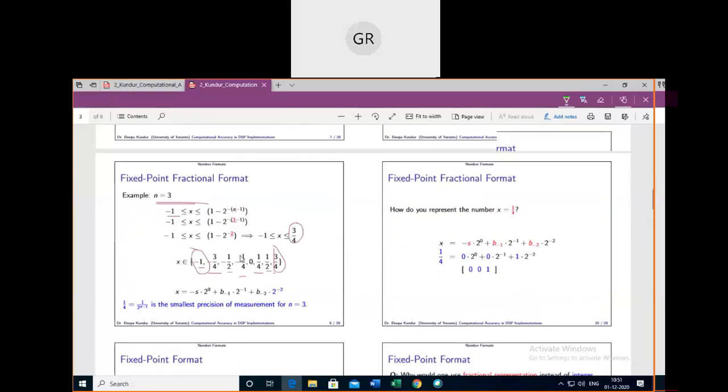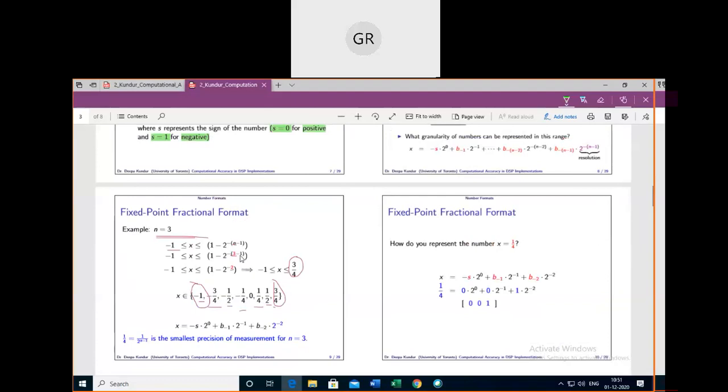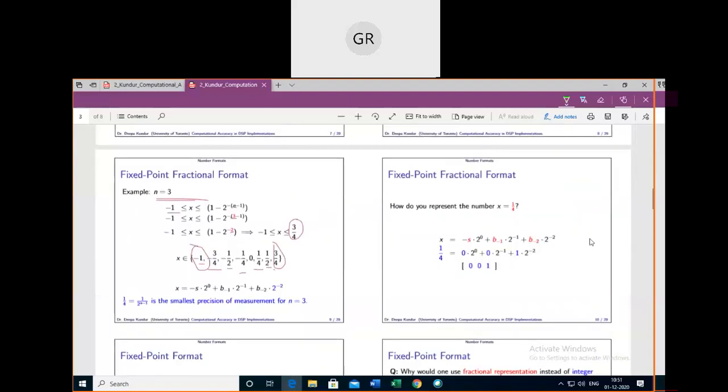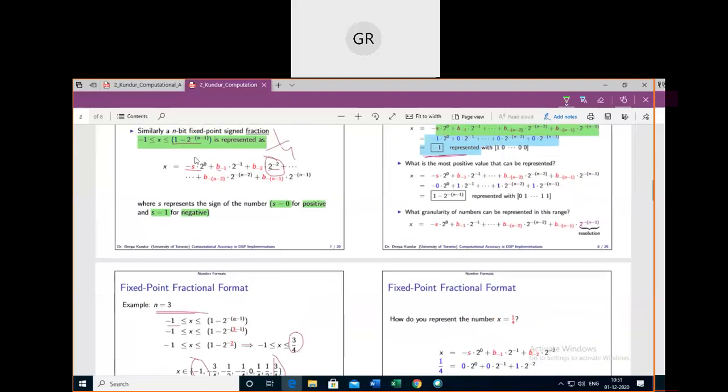Here we discussed both signed integer and signed fractional. In signed integer, just remember the number range and number format, and go through the examples. Similarly, for fractional format, just remember the fractional format.